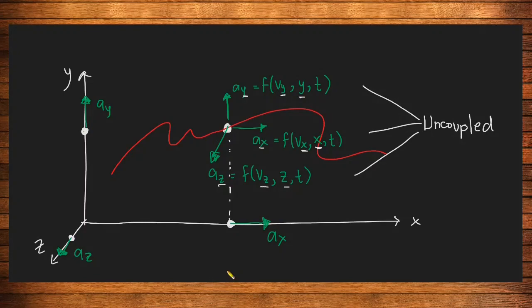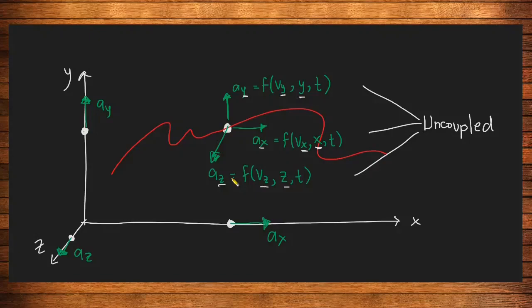Ibig sabihin, pwede natin silang i-analyze separately kasi yung motion natin in one direction is not affected or dependent doon sa motion ng dalawang other directions. So, in short, although our particle is undergoing curvilinear motion, pwede natin siyang i-analyze na parang rectilinear motion lang din along the x, y, and z directions.